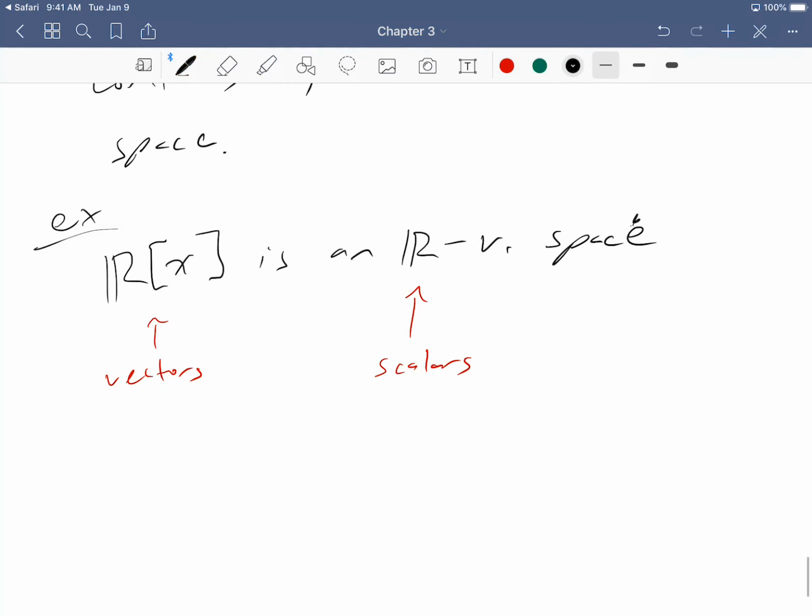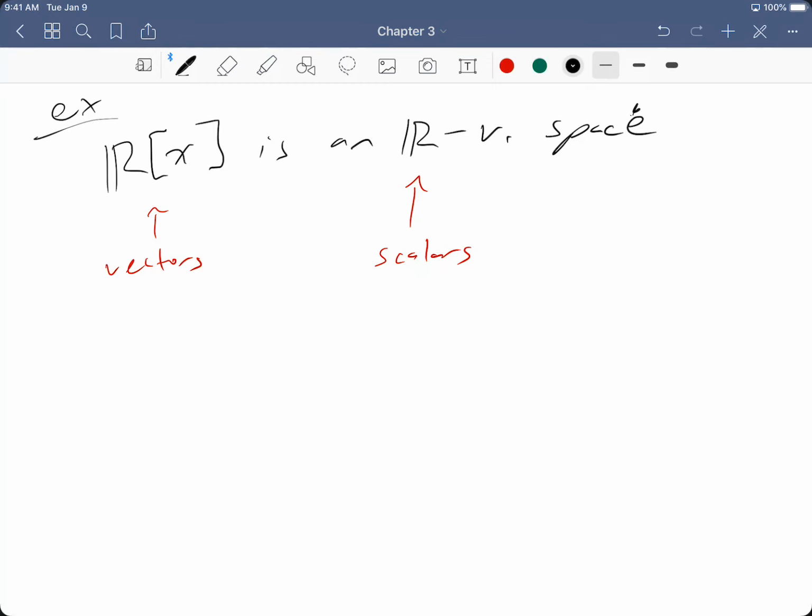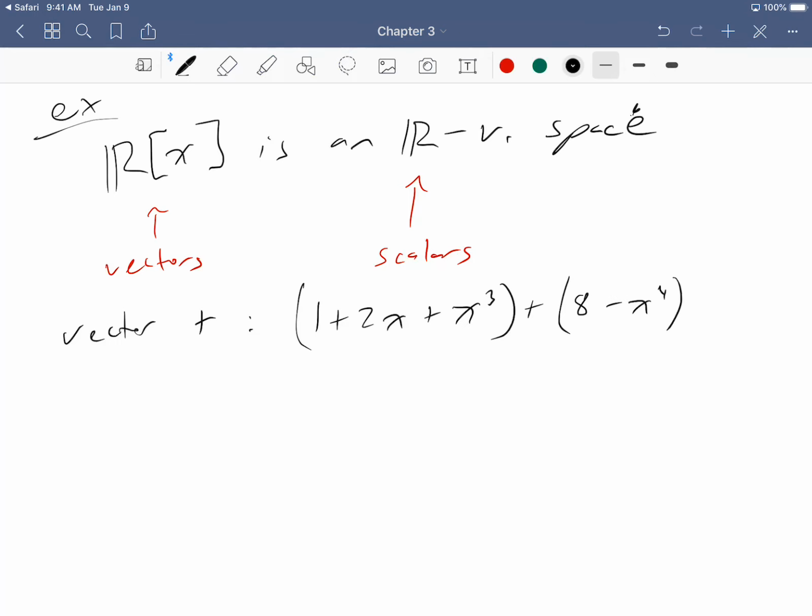If I'm talking about vector addition, then I'm talking about adding polynomials: 1 plus 2x plus x cubed, plus 8 minus x to the 4th. And I know that it's an abelian group under addition. So what do I get? 9 plus 2x plus x cubed minus x to the fourth is my sum.